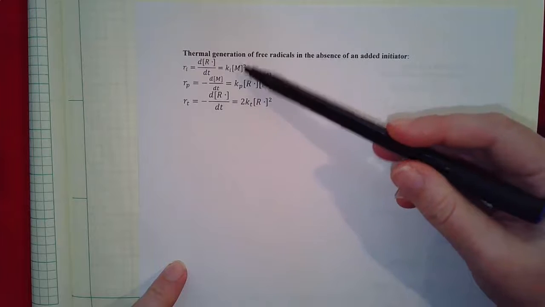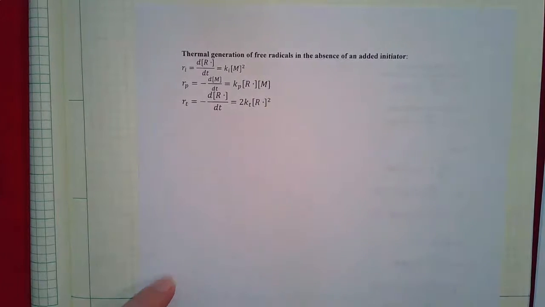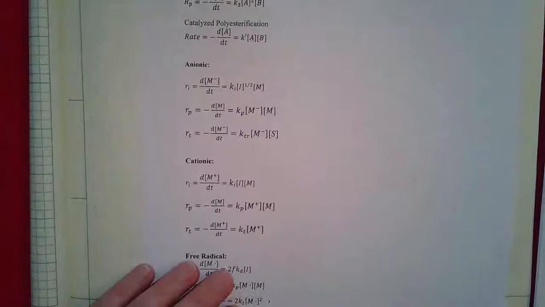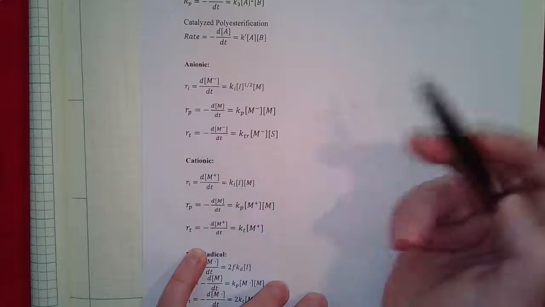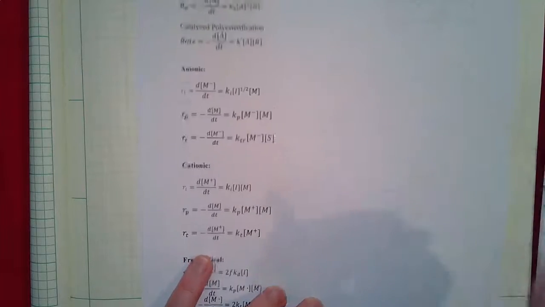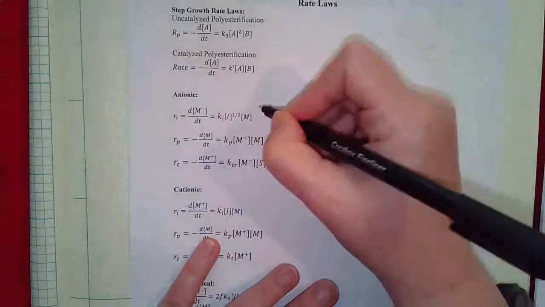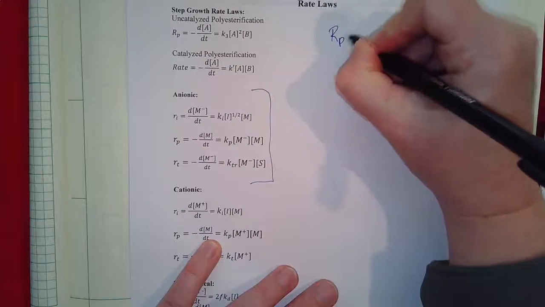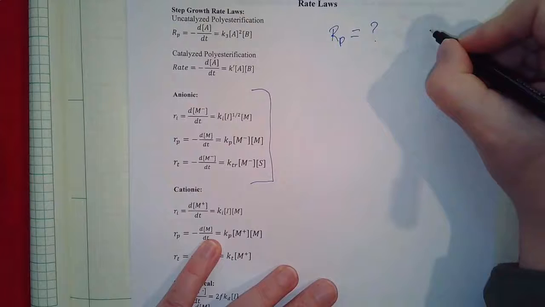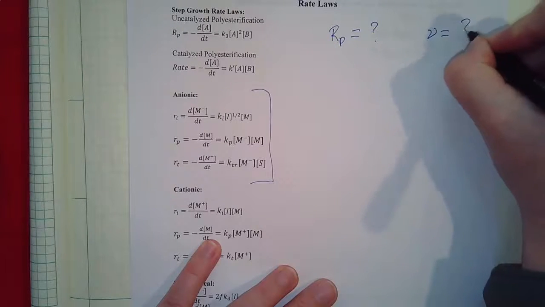You raise the temperature and the radicals form on their own. So there are many different types of rate laws. Why don't we very quickly look at the anionic rate laws. What is the rate of polymerization equal to? And then we can look at what is the kinetic chain length.